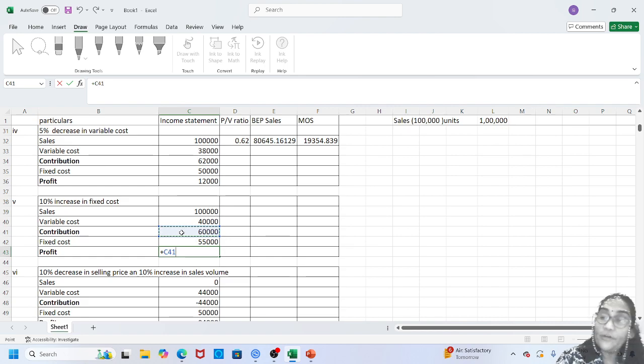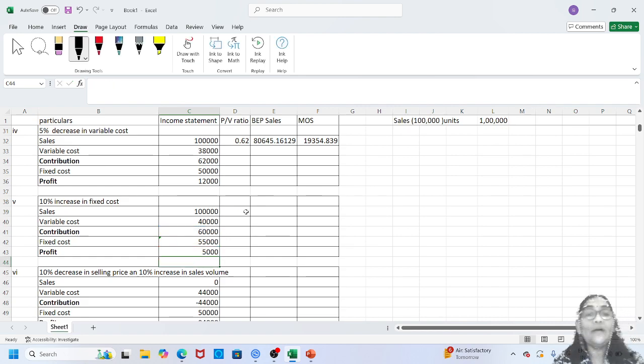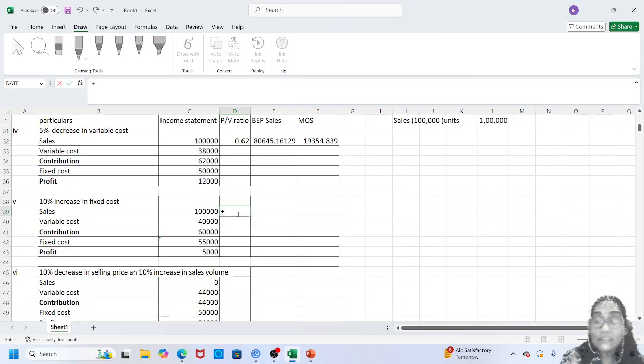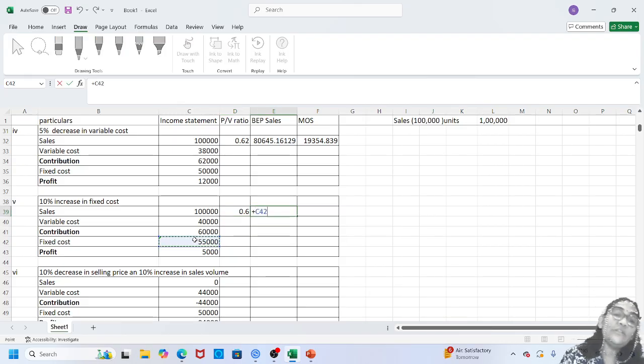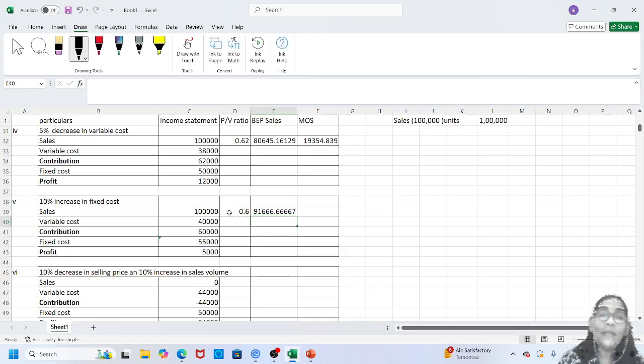Profits will be contribution minus the fixed cost, that is 5,000. Now because the selling price and variable cost are the same, your PV ratio is going to remain the same. But your fixed cost has changed, therefore your BEP is going to change, right? And that will also have an impact on your margin of safety.